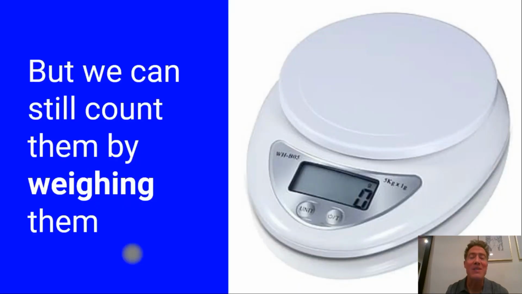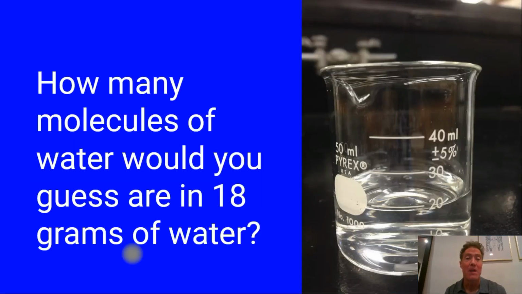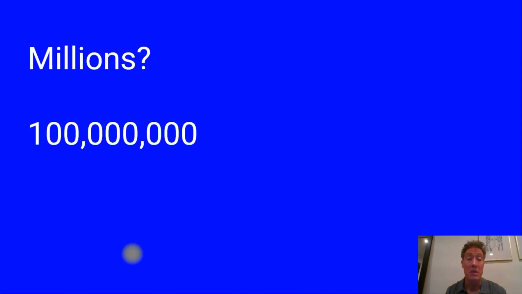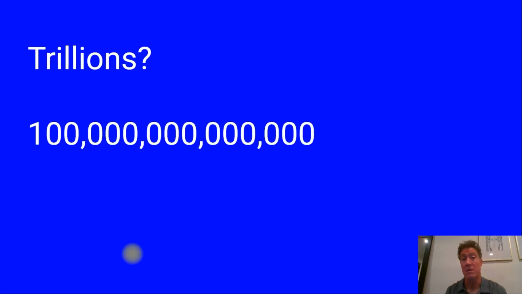But we can still count these inconceivably small molecules and atoms by weighing them. How many molecules of water would you guess are in 18 grams of water, which is just a little over an ounce? Hundreds? Thousands? Millions? Billions? Trillions?